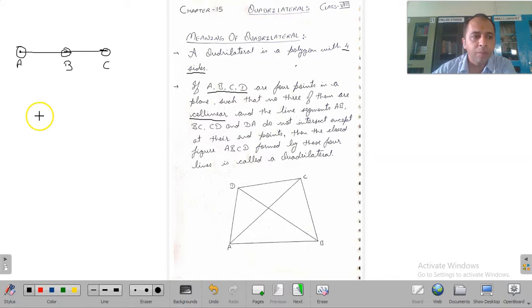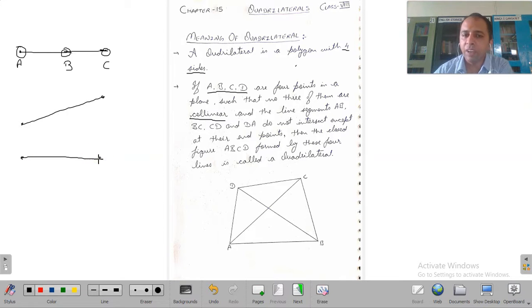Why? Because if you place 2 points anywhere on a piece of paper, you can always join them with a straight line, like this, point first, point second. So 2 points are always collinear in nature.